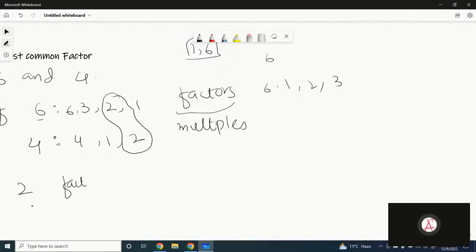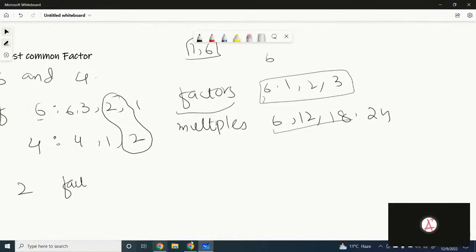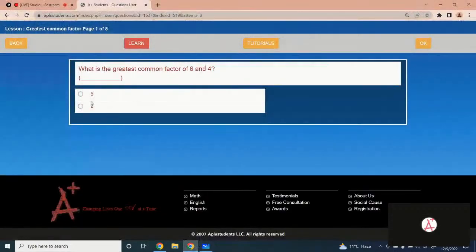But the multiples of 6 are 6 times 1 is 6, 6 times 2 is 12, 6 times 3 is 18, 6 times 4 is 24. So for multiples, you keep multiplying the number 6 by 1, 2, 3, 4. And the factors are the numbers that when multiplied make 6. Got it now? So the greatest common factor for both the numbers 6 and 4 is 2.